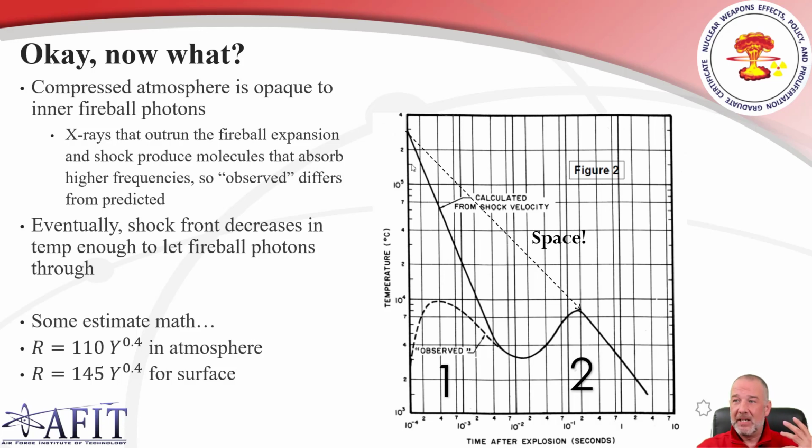Okay, and this, by the way, occurs exactly at breakaway. So breakaway has already happened. Hydrodynamic separation has already occurred. Okay, so that's what we're looking at right here. So we're looking at the temperature of that shock front, not the inner fireball, not yet.